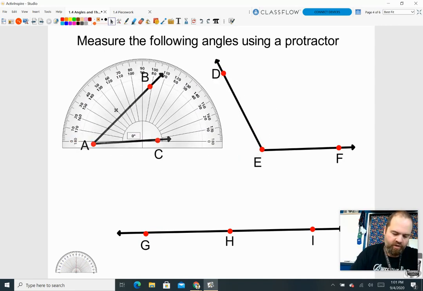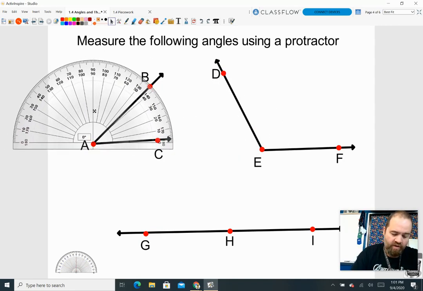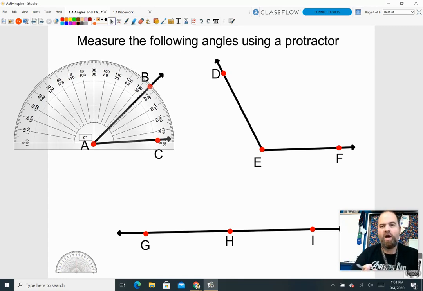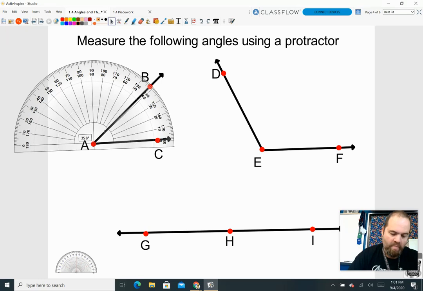The way a protractor works, if you're not familiar with them, is it measures how far apart the angle sides are. It has nothing to do with how long they are. I can extend these things out as much as I want, but the actual measurement of the angle depends on how far apart these sides are from one another.